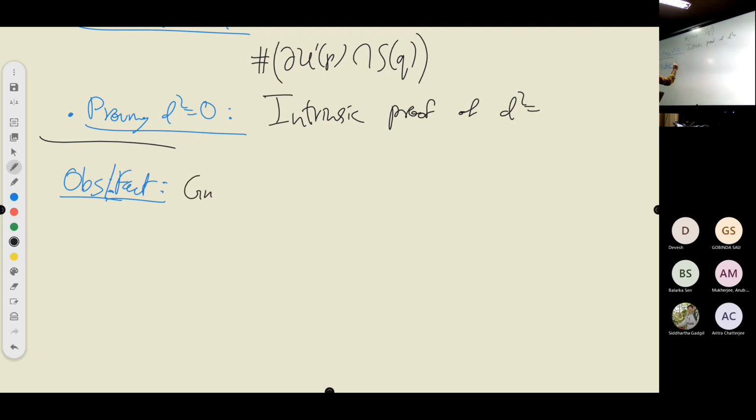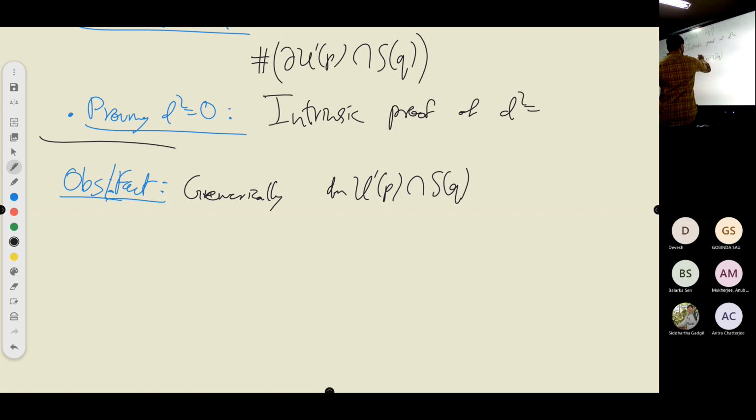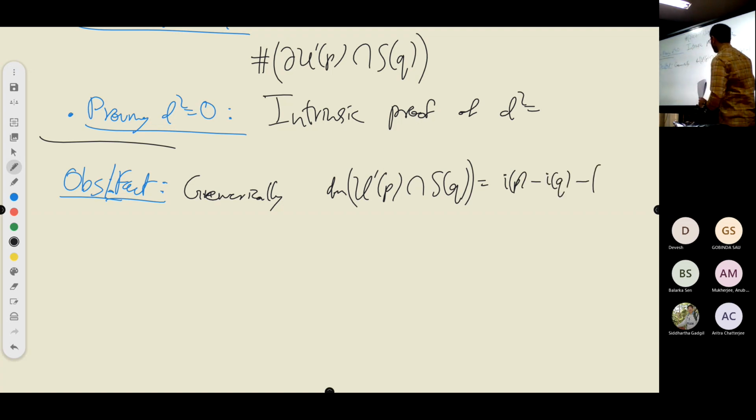Generically, the dimension of U(Q) prime, U(P) intersect S(Q), is supposed to be index of P minus index of Q minus 1. So in particular, if this were negative, then this intersection is supposed to be empty.